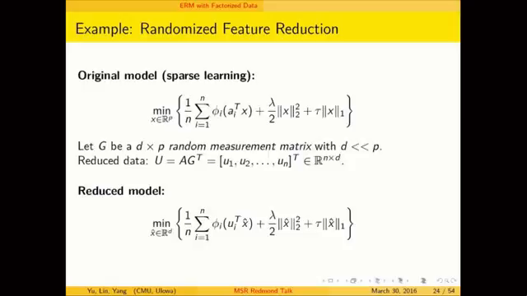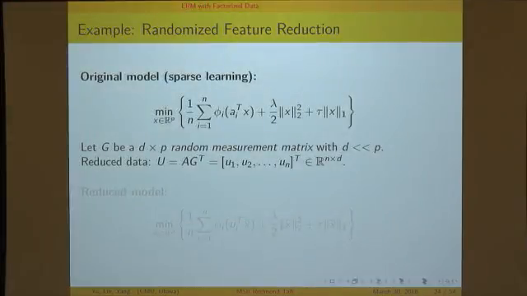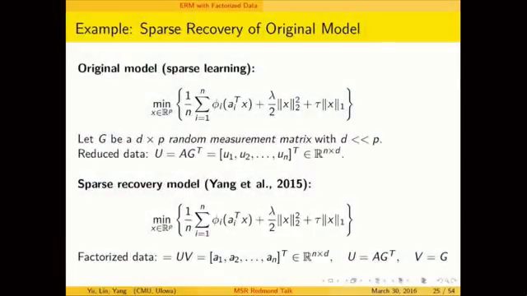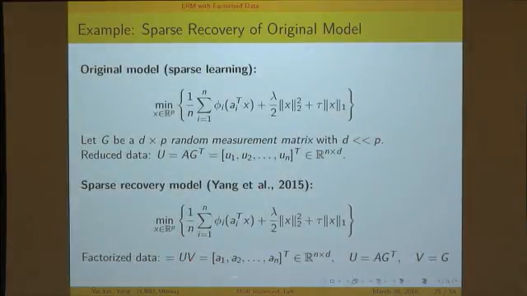Okay, the factorized data model can also be formulated as follows. This is the original model, and after the data dimension reduction, it will become this. And now the factorized data is U times V, just as we mentioned before.